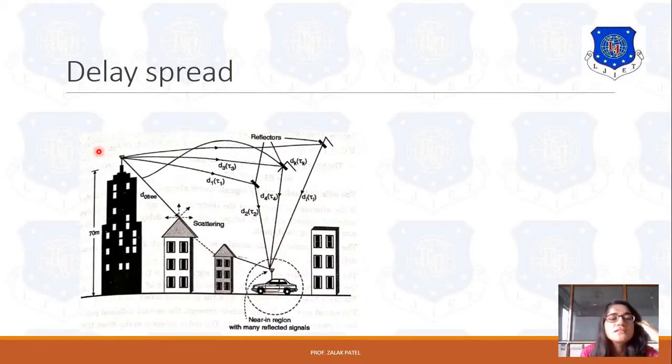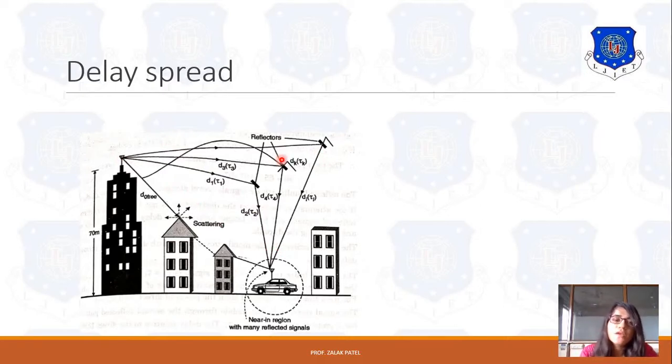So from this transmitter to receiver we have to consider the different paths. If there is a direct path available from transmitter to receiver, then it is called a line of sight path. In case of line of sight, meaning there is a clear path between transmitter and receiver, you can easily apply the free space propagation model that we discussed earlier.